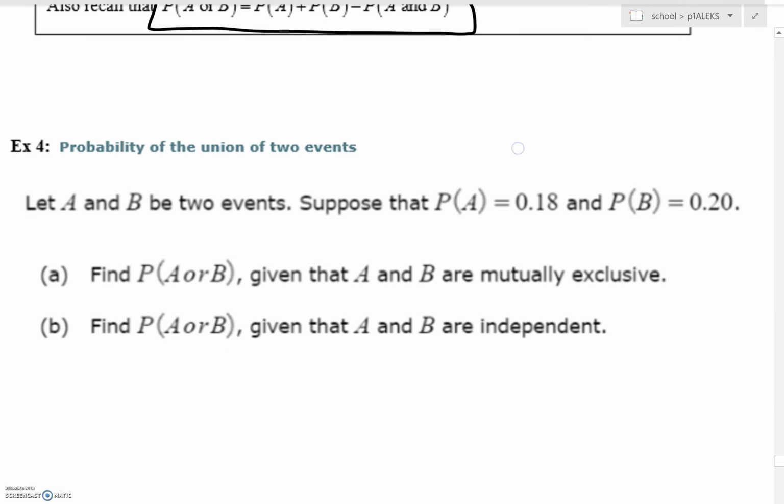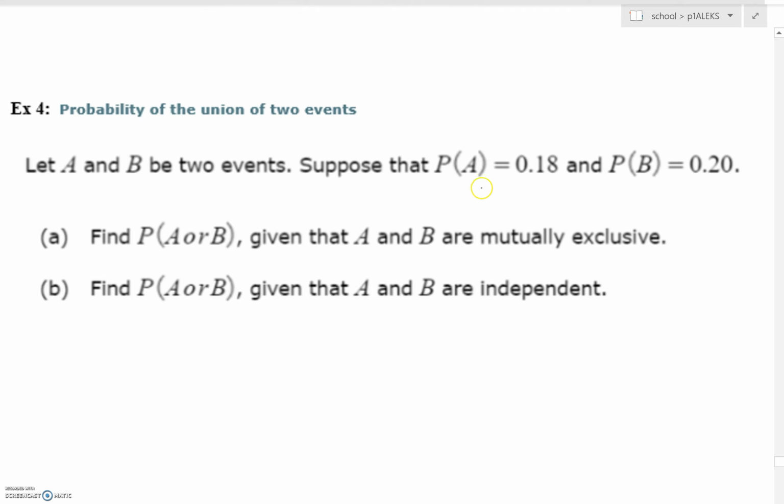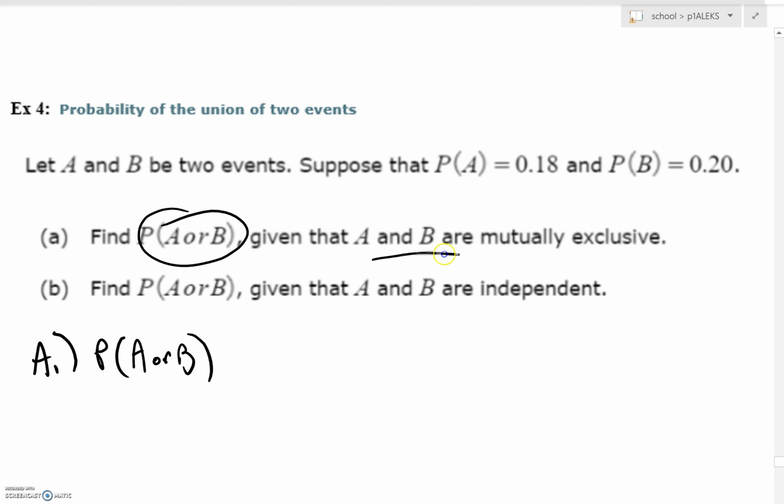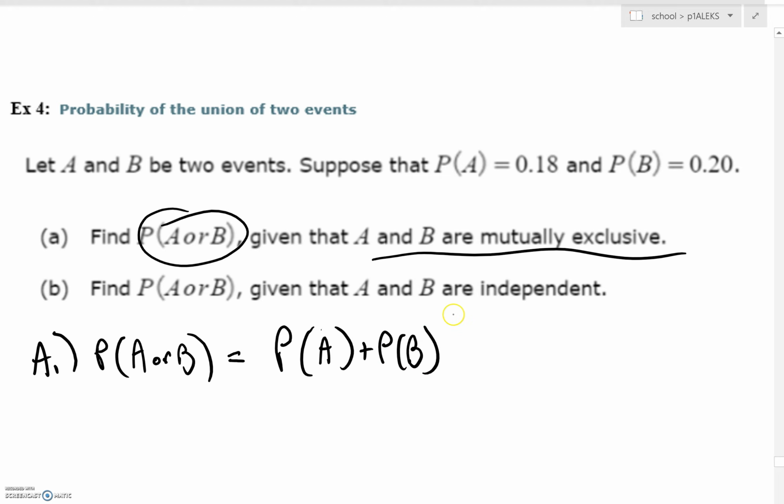It says A and B are two events. Probability of A is 0.18. Probability of B is 0.20. They're saying, can you find the probability of A or B? But they're telling you that A and B are mutually exclusive. What does that mean? It means you cannot meet event A and event B at the same time. It's impossible.